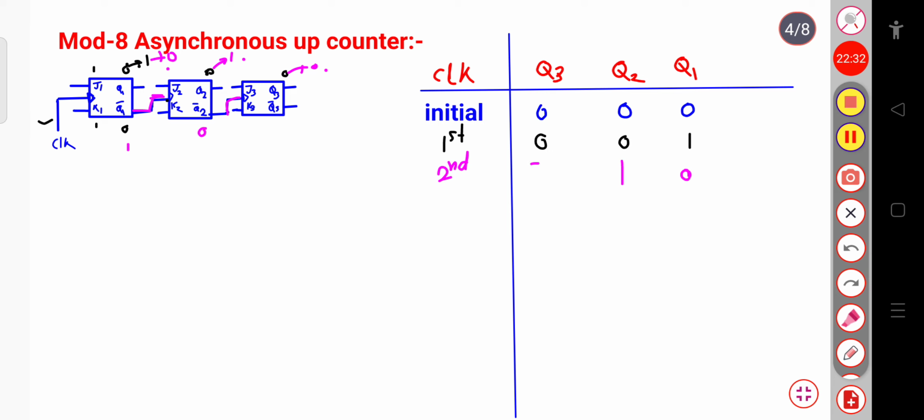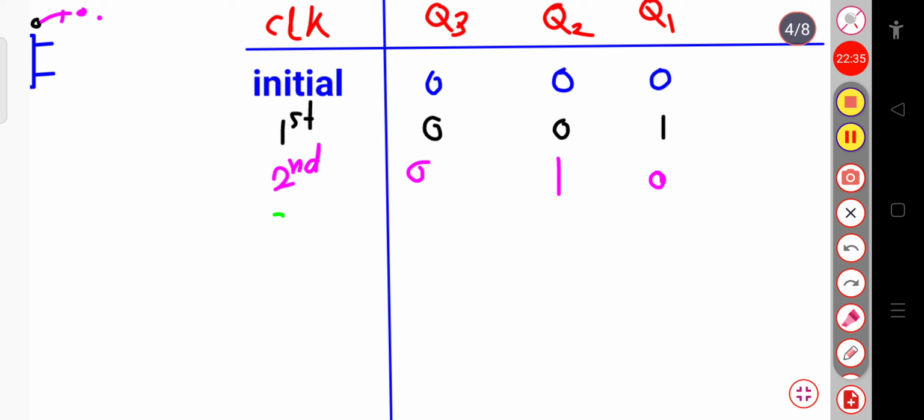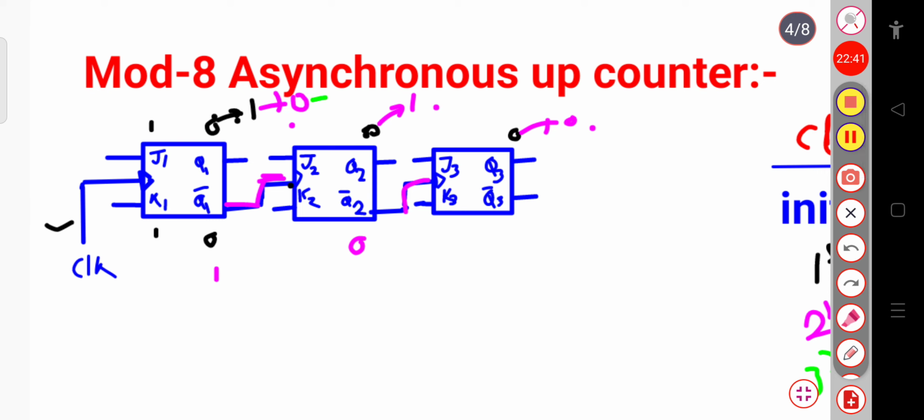Now for the third clock pulse, what will happen? When the clock pulse is given, this 0 goes to 1 because of the toggling, and 1 complement is 0, so it goes to 0. That means it is in the off condition. Since this second flip-flop is in the off condition, 1 will be carried forward, that is its value will be 1, and 1 complement is 0, so Q2 bar will be 0. 0 will be given to the third flip-flop clock pulse, so that this will again be in the off condition.